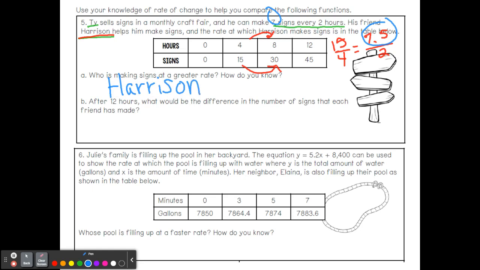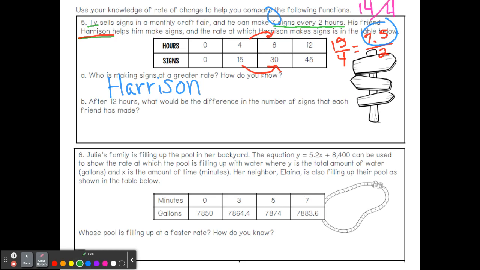Okay. The other way you could have compared that is to say that if Harrison is making 15 in 4 hours, then Ty has to be making 14 in 4 hours. After 12 hours, what would be the difference in the number of signs that each friend has made?